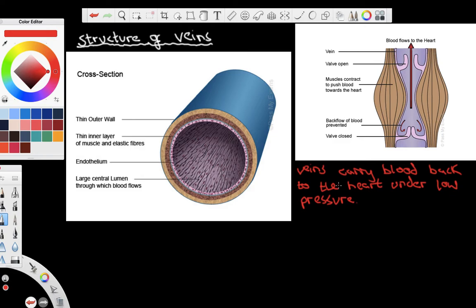Okay, so we can put that in a bubble again because all of the adaptations of a vein allow it to do its job. It allows it to bring the blood back to the heart under low pressure.